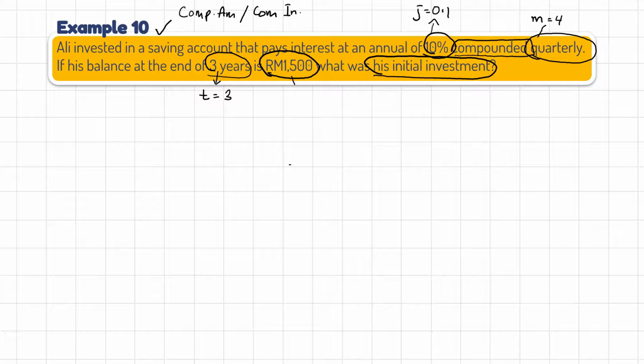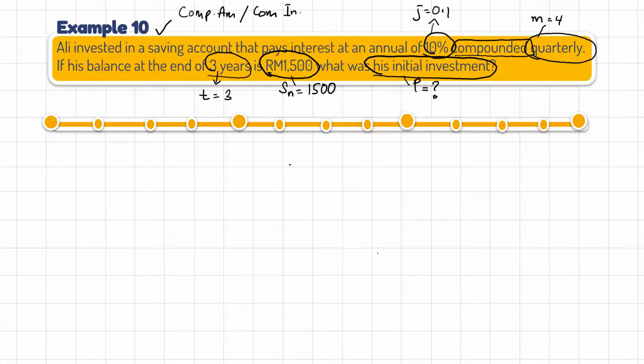So this will be our Sn, which is equals to 1,500 ringgit. The question asks you to find his initial investment, which means the question wants you to find the value of P.